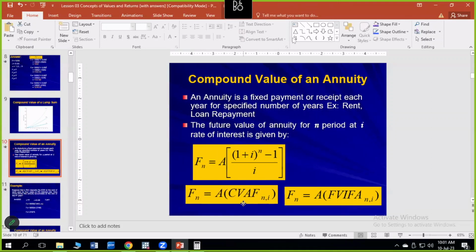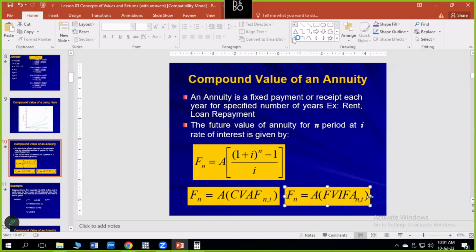You can have this in a format like this. Future value interest factor for annuity, FVIFA, or simply CVAF.